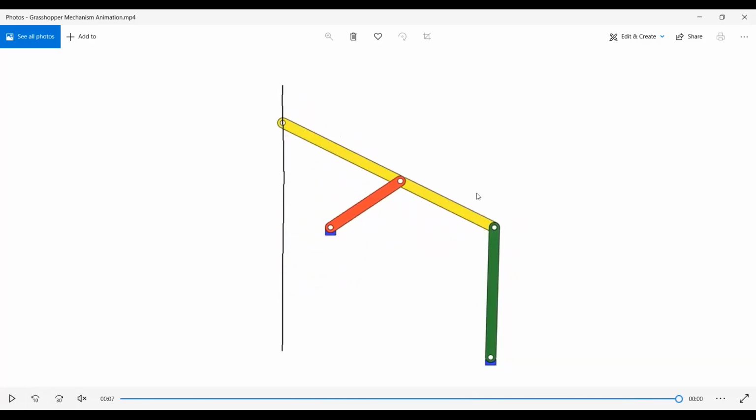Okay. So this is the grasshopper mechanism.